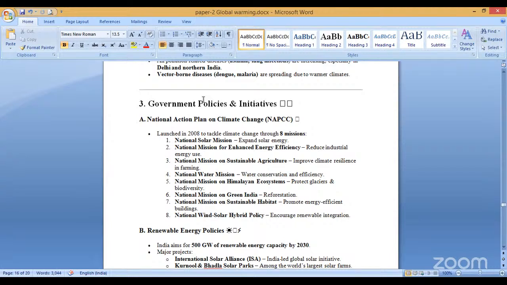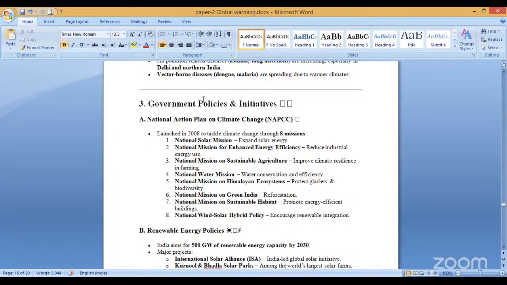National Mission on Himalayan Ecosystem: protect glaciers and biodiversity. National Mission on Green India: reforestation. National Mission on Sustainable Habitat: promote energy efficient buildings. National wind, solar, and hybrid policy: encourage renewable integration.